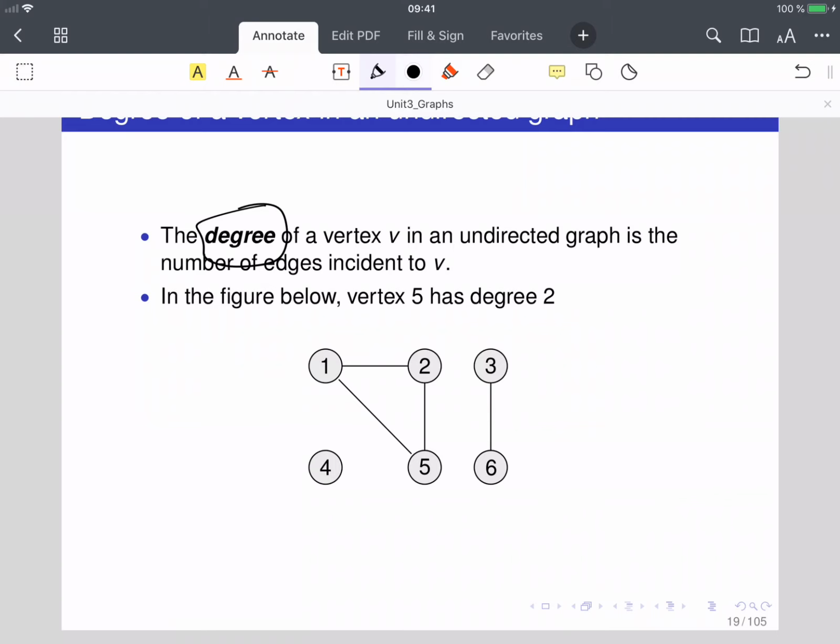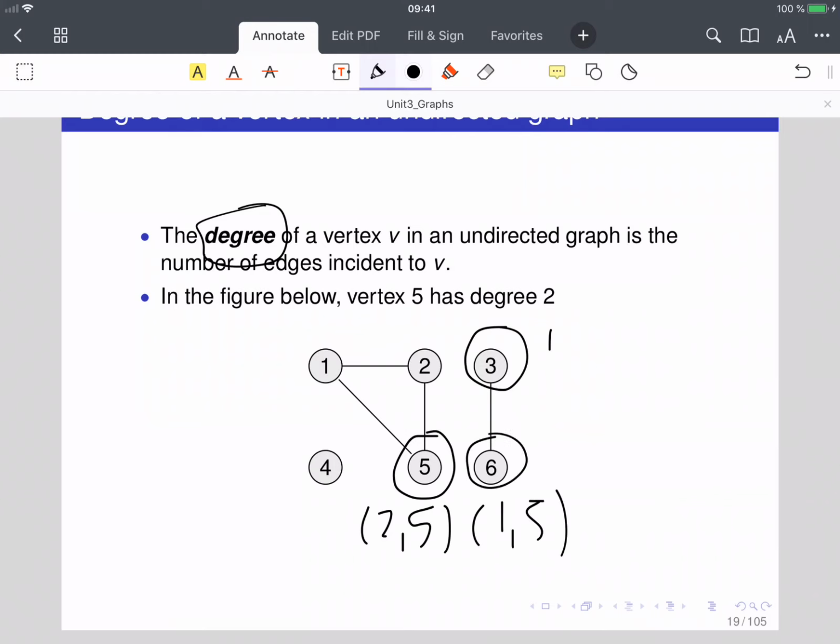For instance, here vertex 5 has degree 2 because there are two edges, edge 2,5 and edge 1,5, or 5,1, it's the same because the graph is not directed, which are incident to the vertex. For instance, this vertex 3 has degree 1.